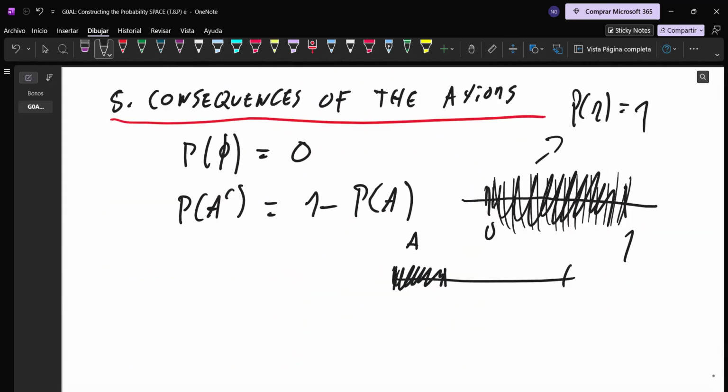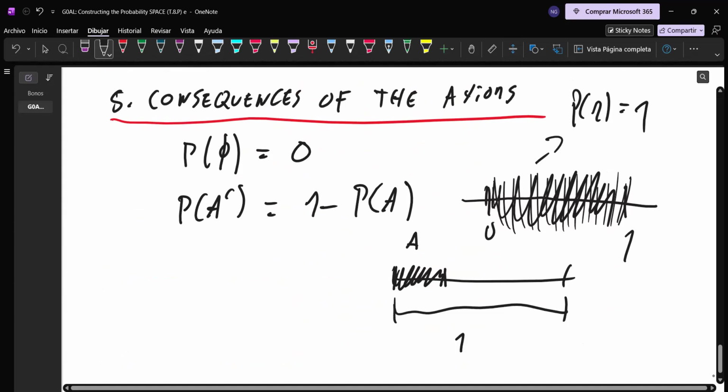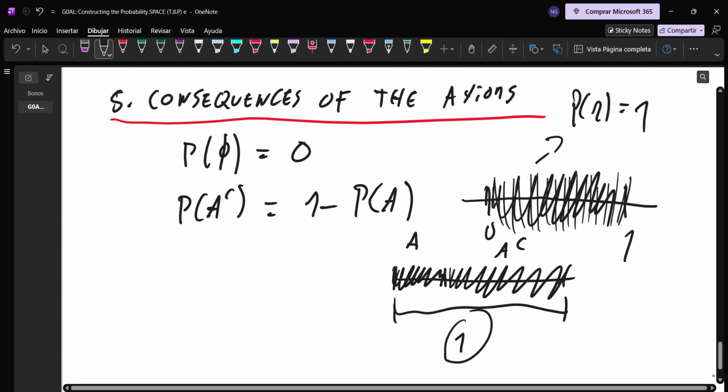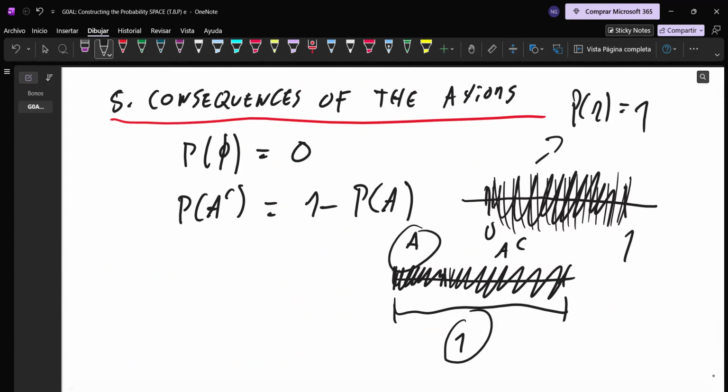So the measure of the whole is 1. So the probability of the complement is 1 minus the probability of R. So I have a way to control and measure probabilities of complements.